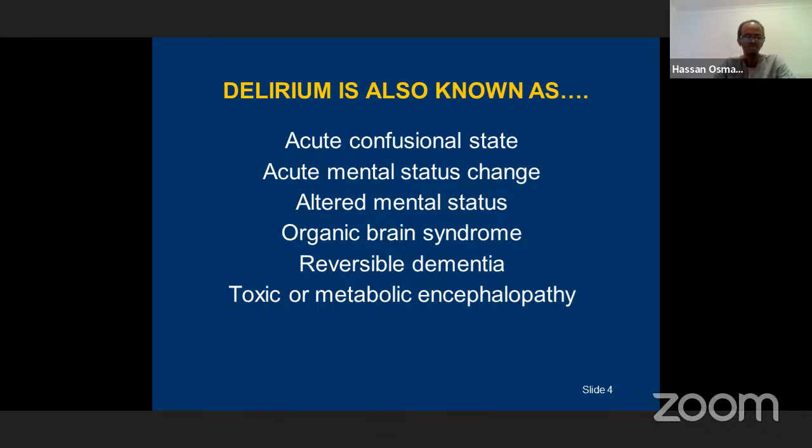All of those terms might be applied to the definition of delirium. Keep in mind, we always keep the word acute. It's something short term, and it's affecting the brain.